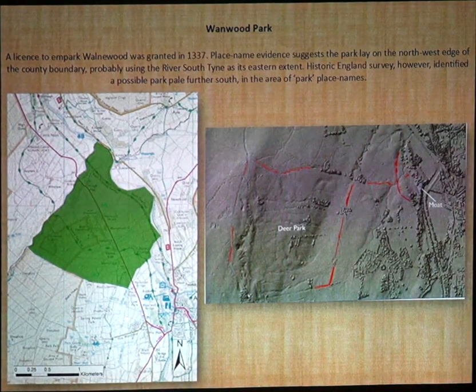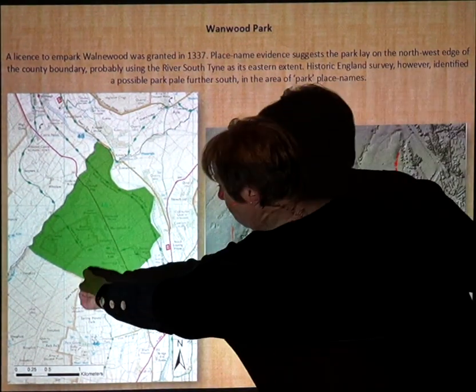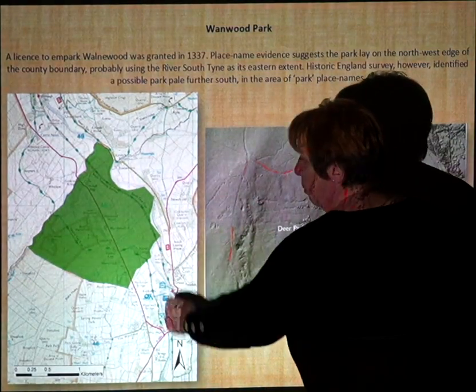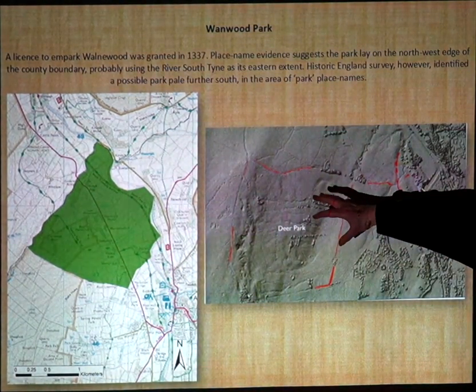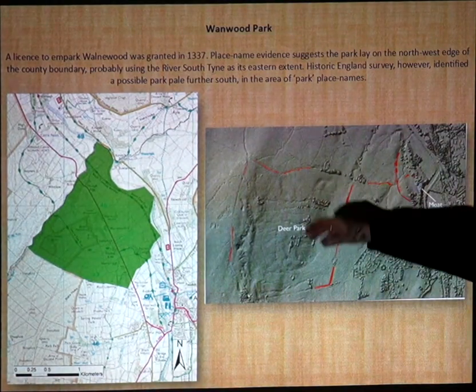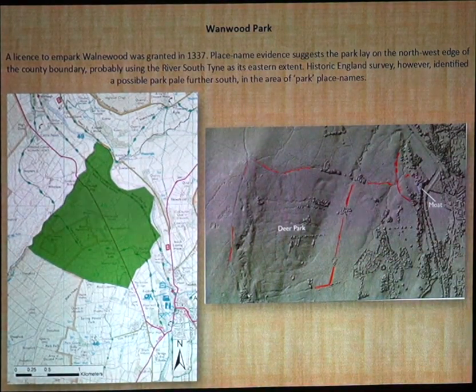I suspect, actually, that the park came down here and it was much bigger. I think this is possibly just a smaller enclosure within the park that they've picked up on. But, you know, I was working at a county scale. I wasn't looking at it, and I was working quite rapidly to plot all of these. Next, please.